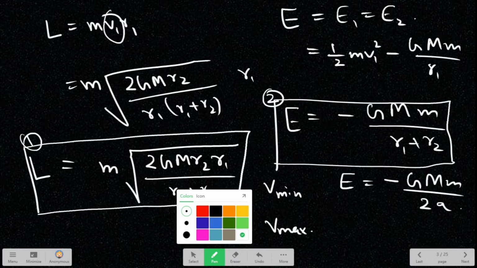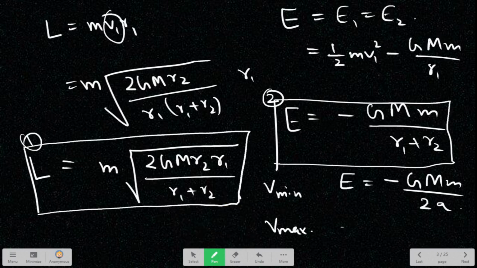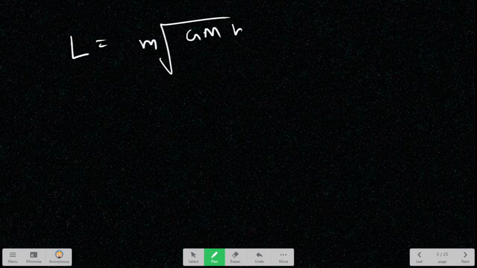Similarly, in the expression for angular momentum, if you put R1 plus R2 is equal to 2A and R1 into R2 is equal to B square, then you will get L is equal to m into root of GM B square by A.